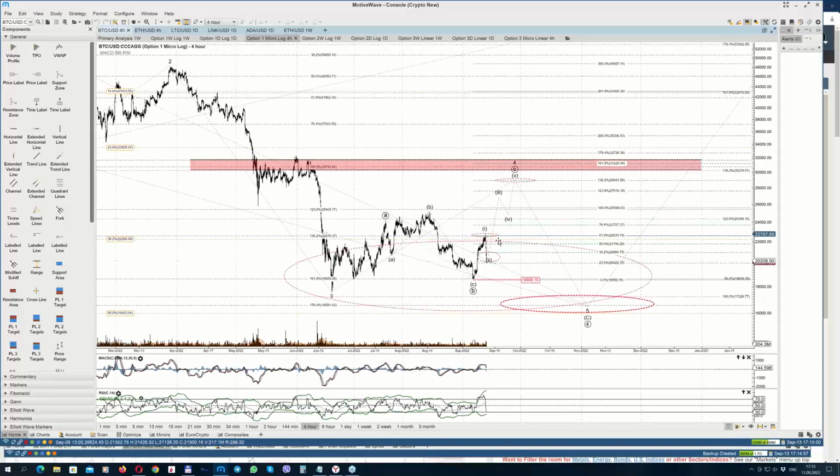More details for this scenario. We have just reached the ideal target for the wave 2, above 18,560. Higher target remains on the table for the fourth wave, but below 30,000 region, this is just a correction and nothing else.